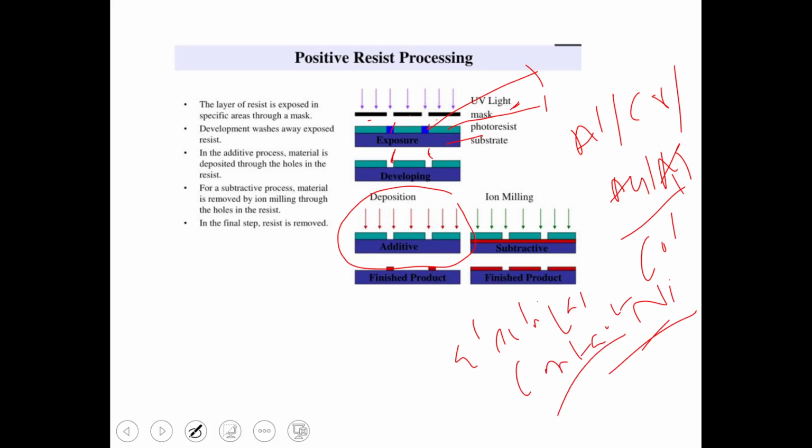So this is the finished product. Then we have to do ion milling, meaning we remove the positive resist, only this material will remain.